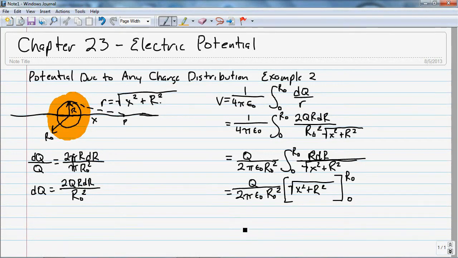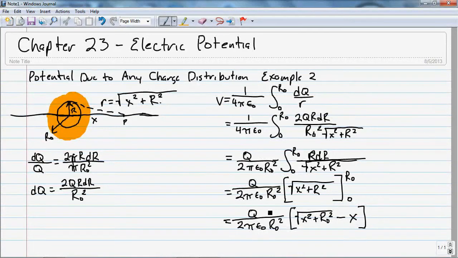And if I put my limits in, I get q over 2 pi epsilon naught r naught squared times the quantity square root of x squared plus r naught squared minus, now if I put 0 in for r, that just leaves me with the square root of x squared, so I'm going to have a minus x.